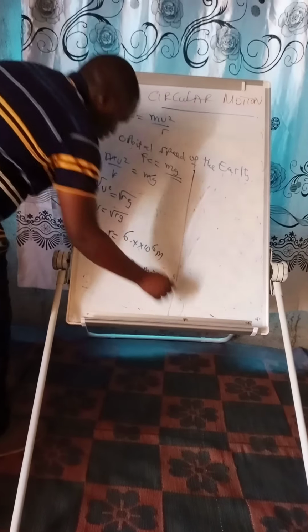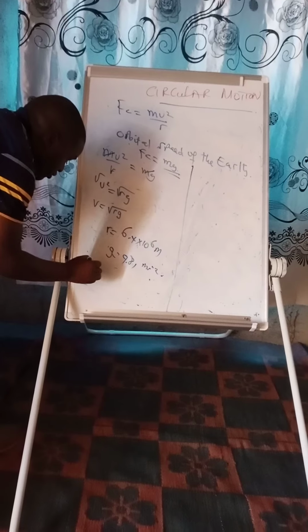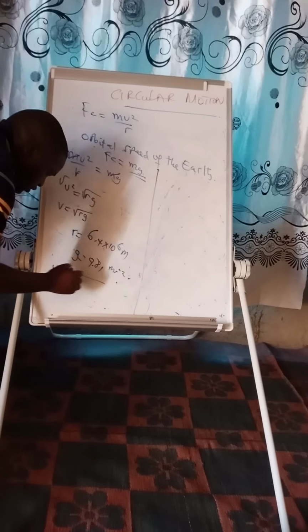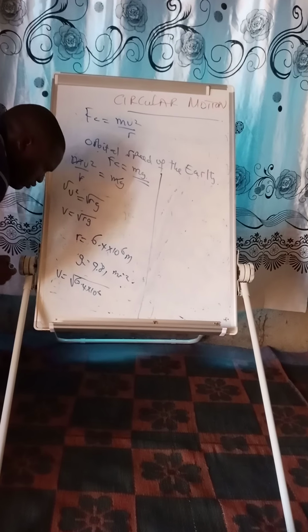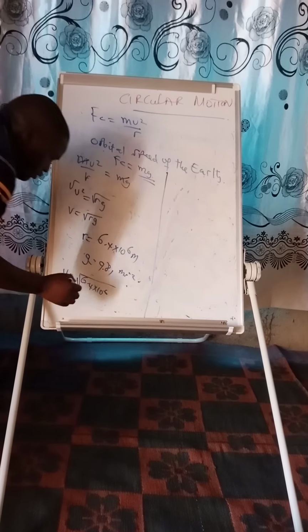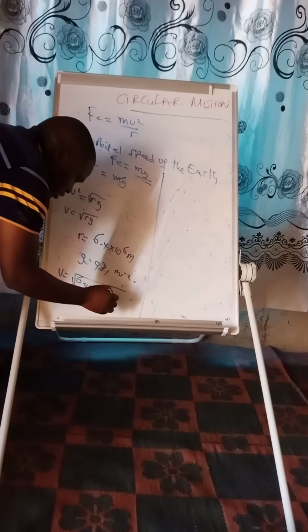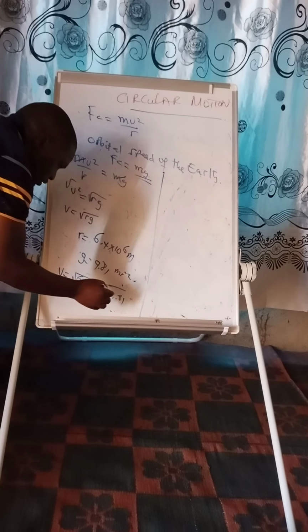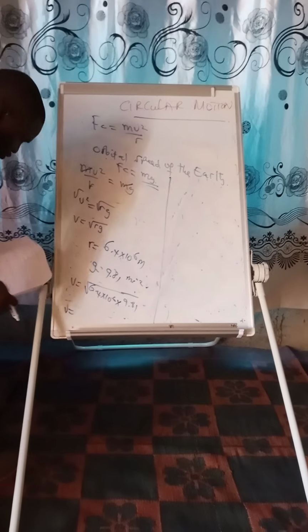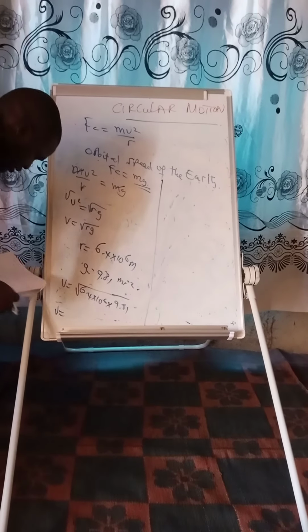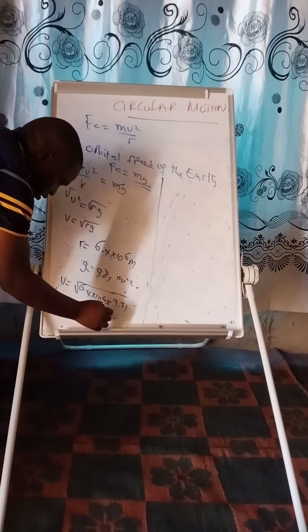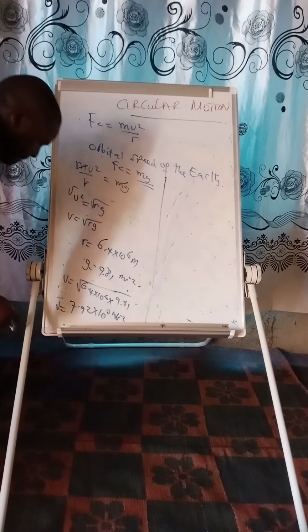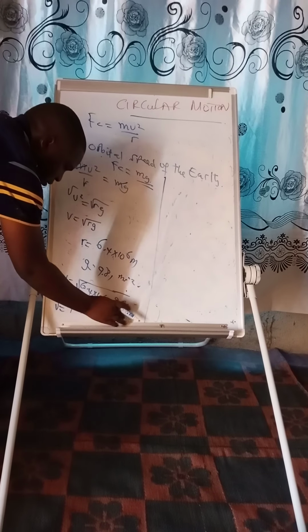So our orbital speed will be equal to the square root of 6.4 times 10 to the 6 times 9.81. So our orbital speed will be equal to 7.92 times 10 to the 3 meters per second.